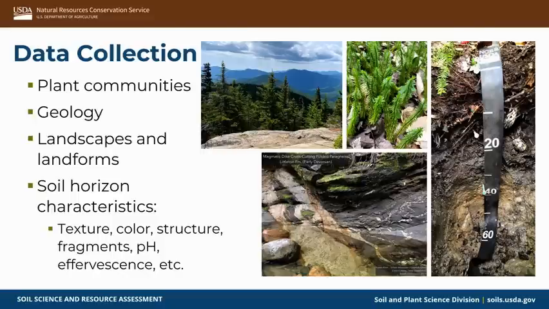You can also look at landforms and landscapes, depending on if you're in a glaciated area and you're on moraines, drumlins, eskers. These can be influenced, and you can say, oh, I'm on a parent material of glacial till. You also look at geology, bedrock outcrops, etc. What about your plant communities as well?